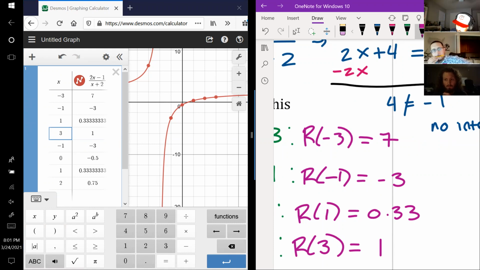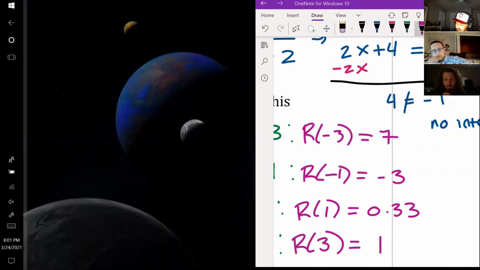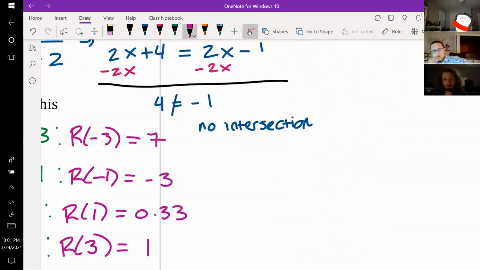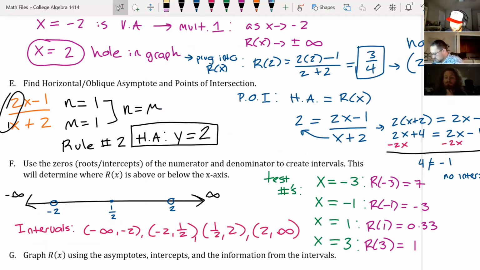Now we can fill out the rest of this sign chart. Okay, look at our first output. Is it positive or negative?